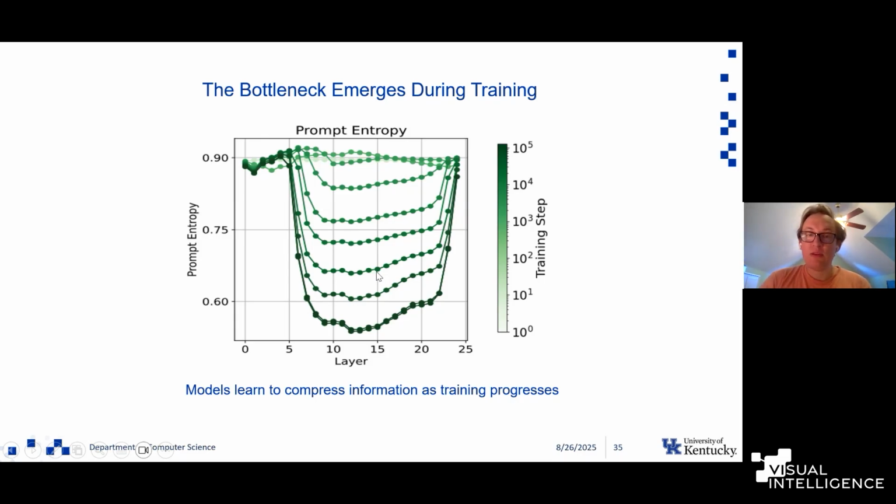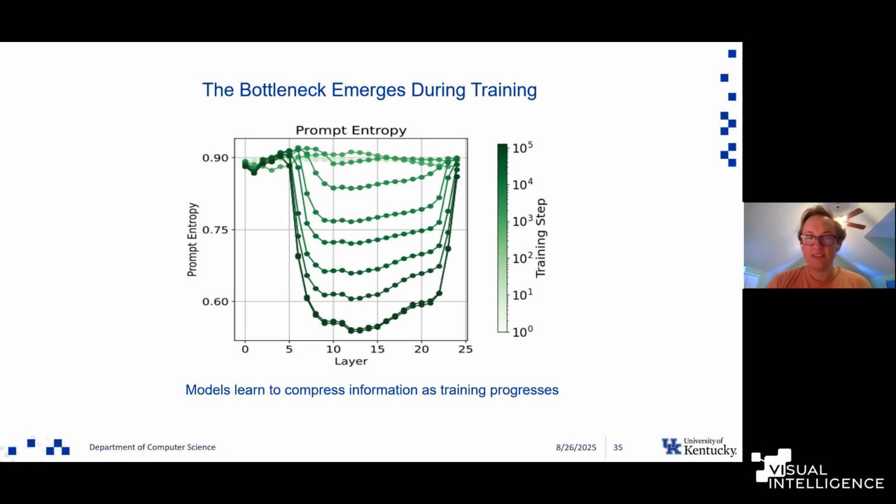In the paper, we look at many different metrics and how they change during training, and they all have interesting emergent behaviors like this, like just how you see it evolve over training.